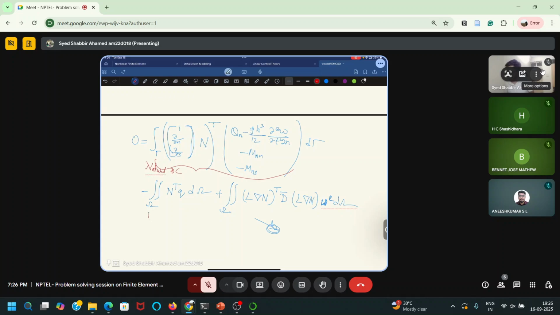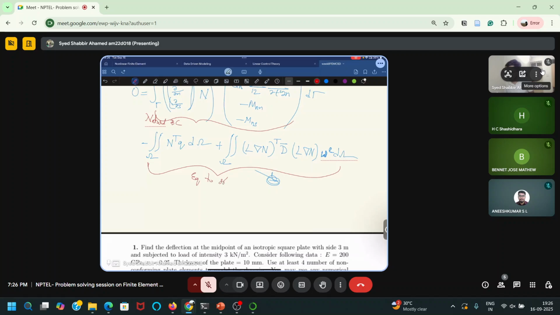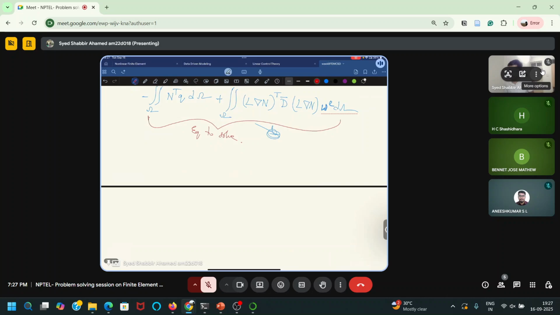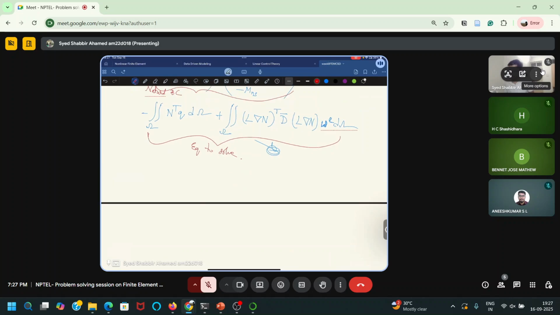And these are the equations which we get, the governing equations which we have to solve. Here I have to get the stiffness matrix, the displacement vector, and the nodal force vector, right?